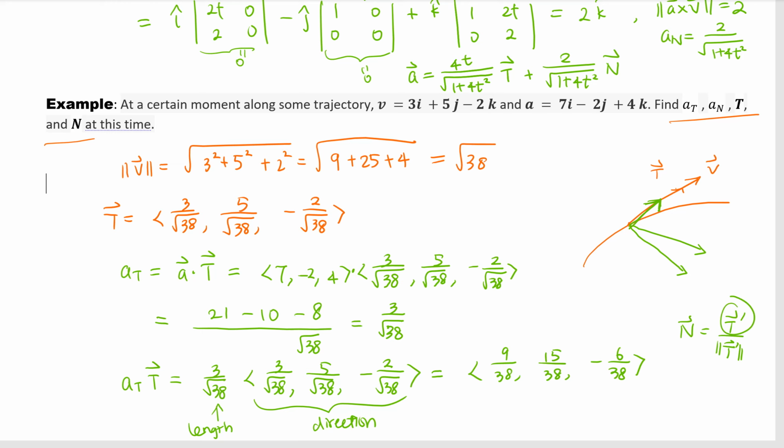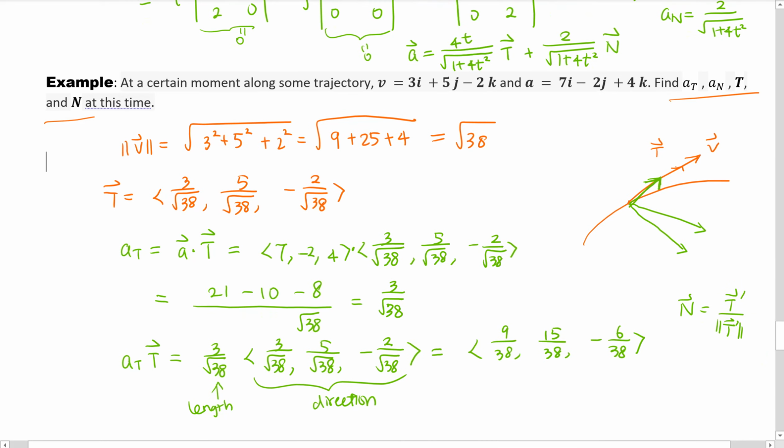It's not a vector function. We just know the information at a particular point. So we cannot do this method. If you try to differentiate a constant number, it's 0, and we know the fact it's not 0. We don't have the information of the whole curve. We only know at this particular point the velocity and the acceleration.